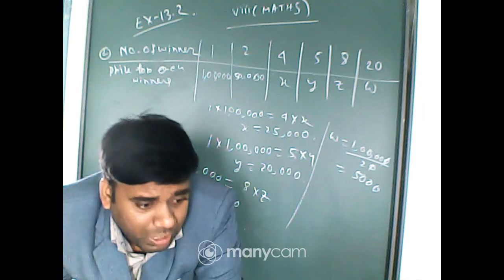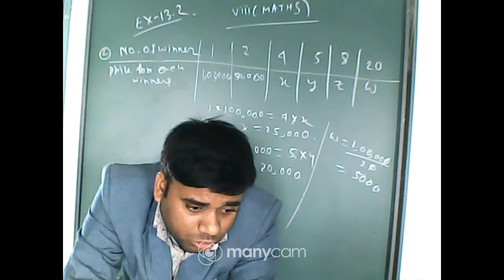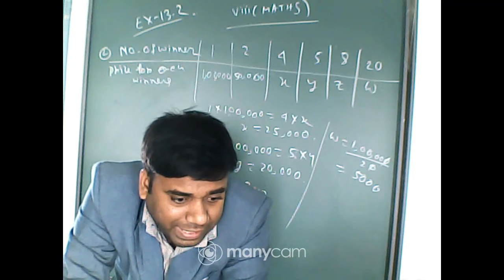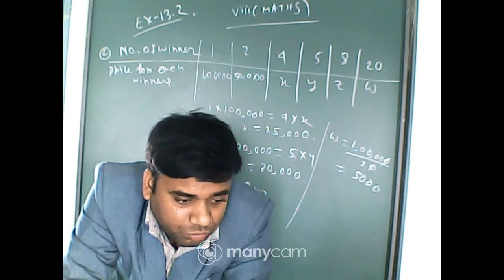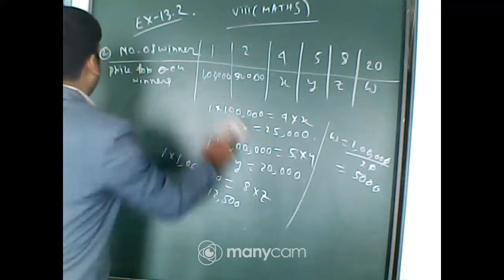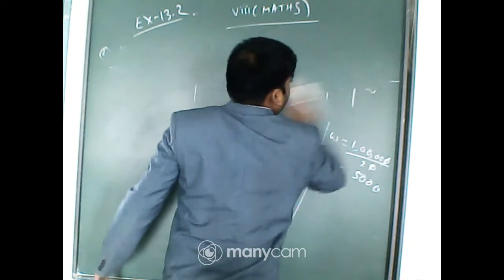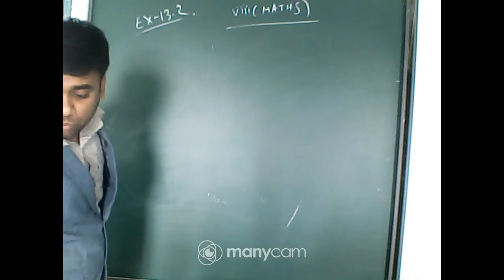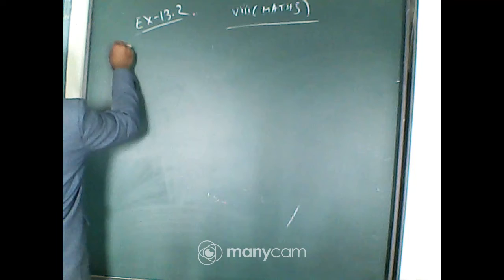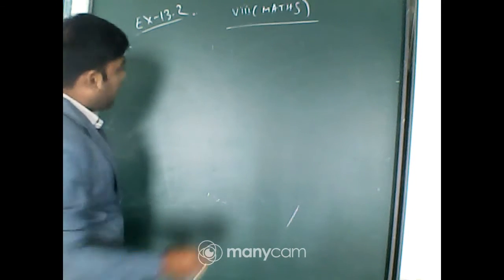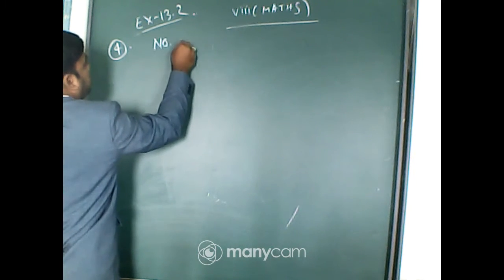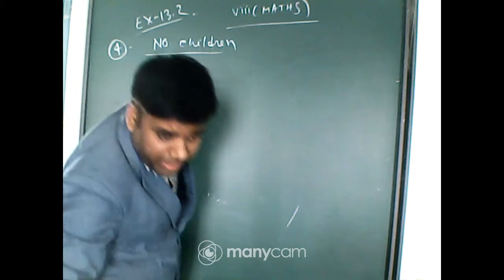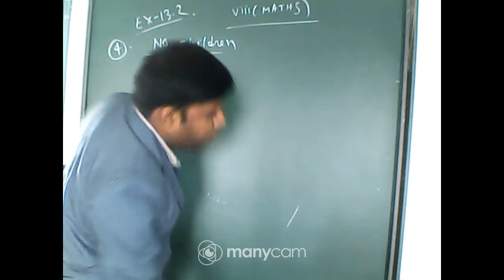Okay, question number 4. If a box of sweets is divided among 24 children, they will get 5 sweets each. How many would each get if the number of children decreased by 4? Okay, I am making a table here.